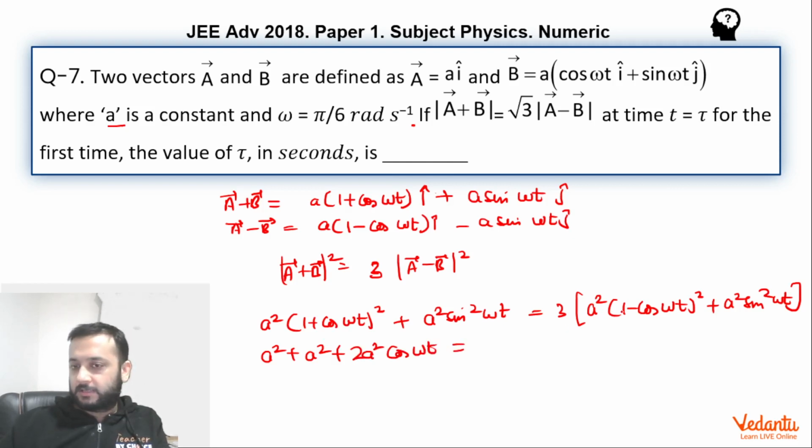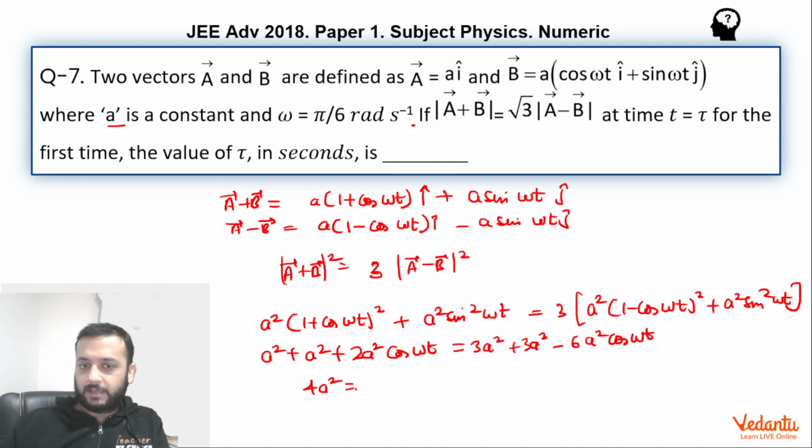Here again the same thing, 1 multiplied by a square and 3 is also here, so that will be 3a square plus a square cos square omega t and a square sin square omega t will become a square, multiplied by 3 that becomes 3a square, minus 2 cos omega t into a square multiplied by 3, so it will become 6a square cos omega t, right? So we can see from here, what do we get? 3 plus 3 is 6, minus 2, so that will be 4a square, equal to 2a square plus 8a square cos omega t.